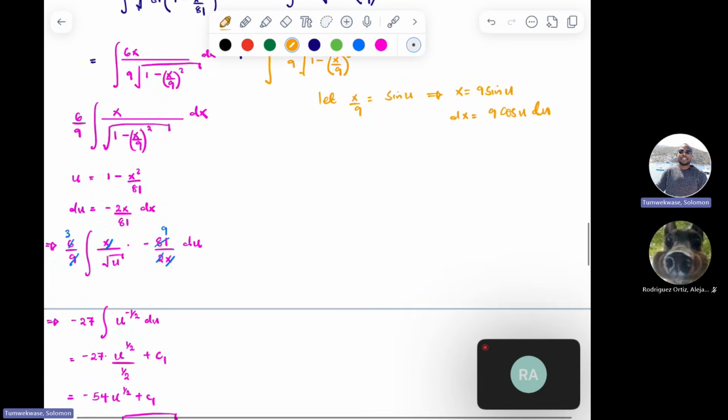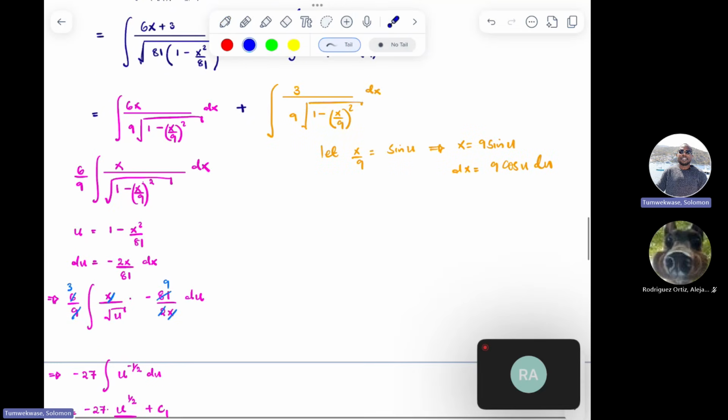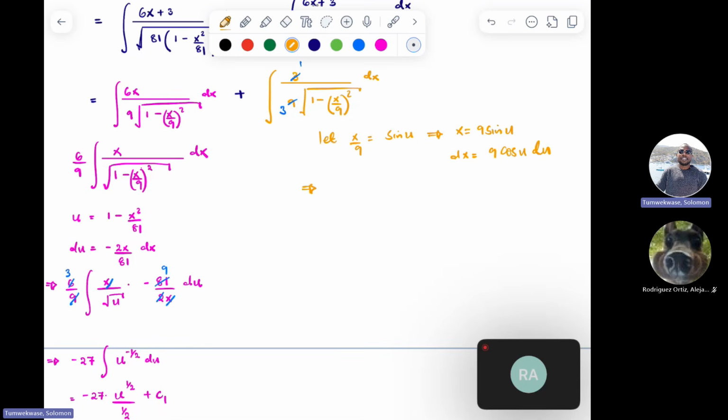Substitute everything back. We have 3 over 9, which is actually 1 over 3. So 1 over 3 comes out, and we have 1 over 3 integral of 1 over the square root of 1 minus x over 9 squared, that is sine squared u, then times 9 cosine of u du.